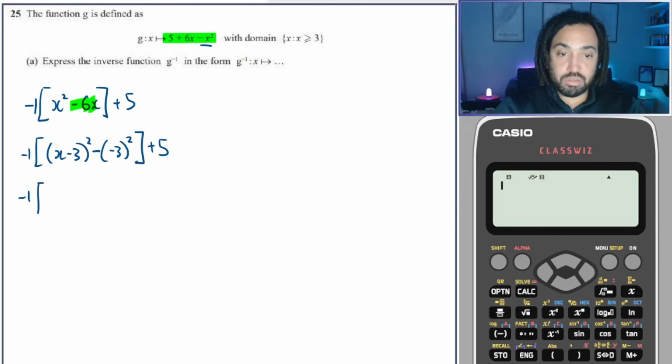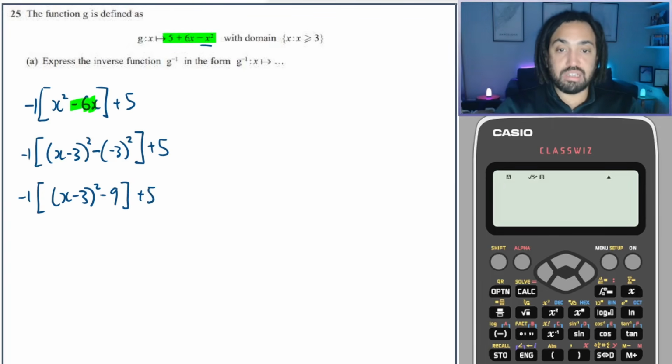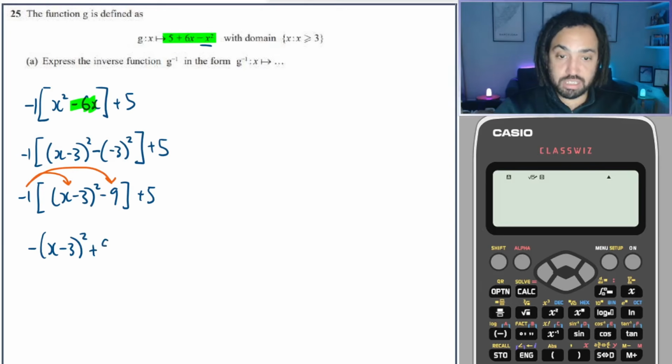Okay, so I then realise that this is 9, so we're minusing 9, and then I'm going to multiply through by that minus 1, so into that bracket and into that minus 9. So I get minus the bracket, plus 9, because of the two negatives, and plus 5.